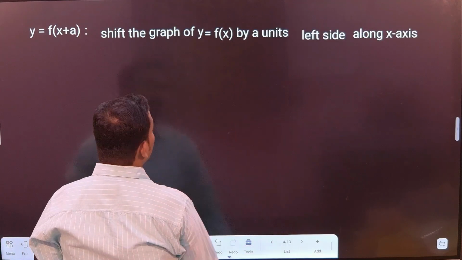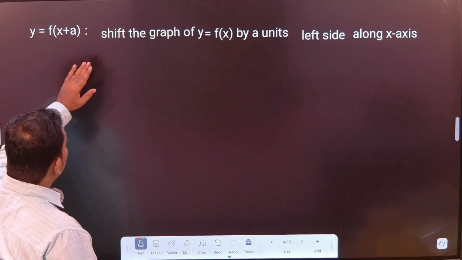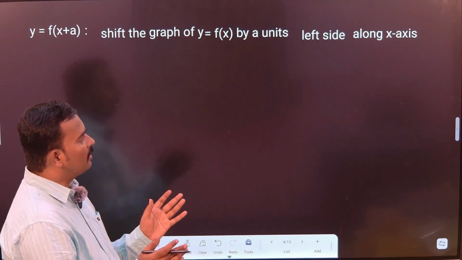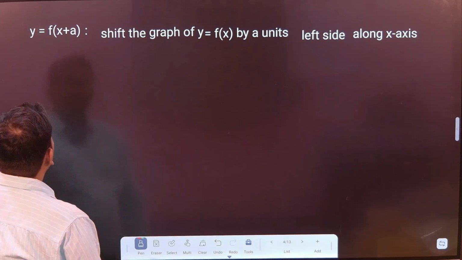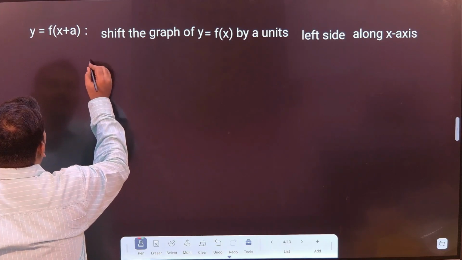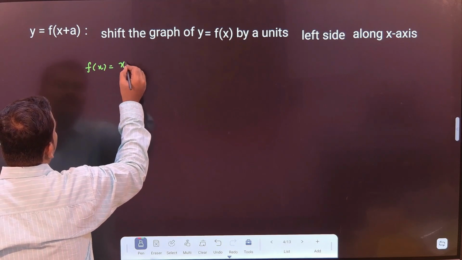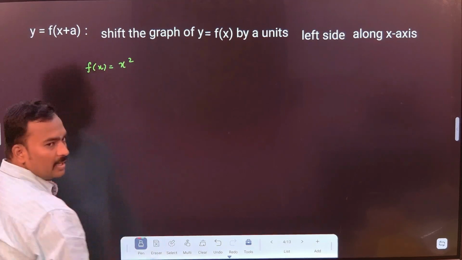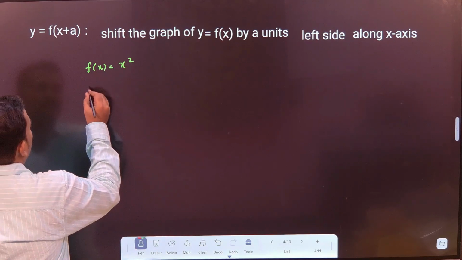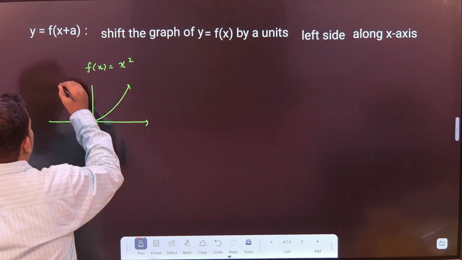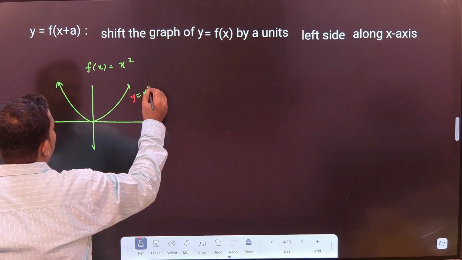Okay, next you can see f of x plus a shifts the graph a units left along the x-axis. For example, let us take the x square graph. You know that this is your graph, y is equal to x square.